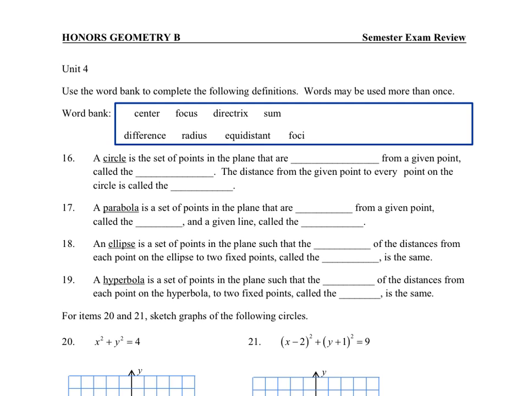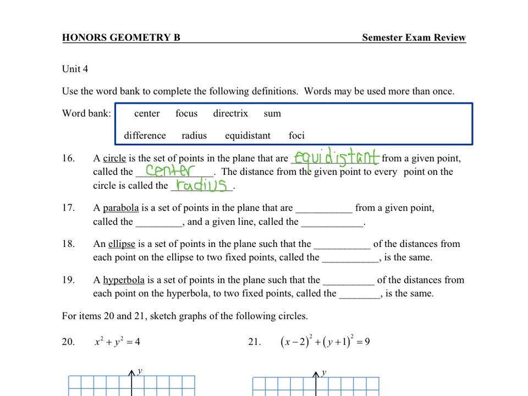Well, since we're dealing with the definition of a circle, it is a set of points in the plane that are equidistant from a given point called the center. The distance from the given point to every point on the circle is called the radius.